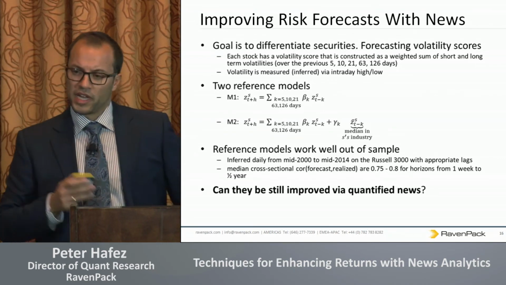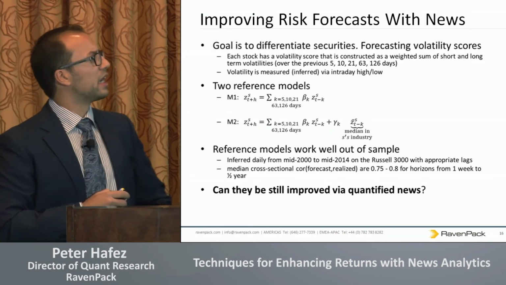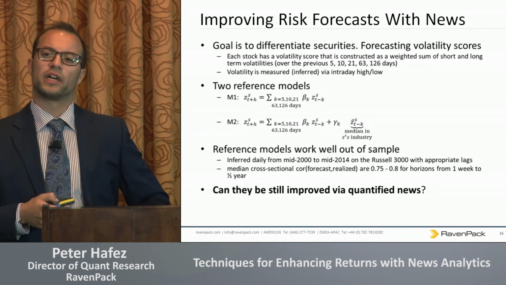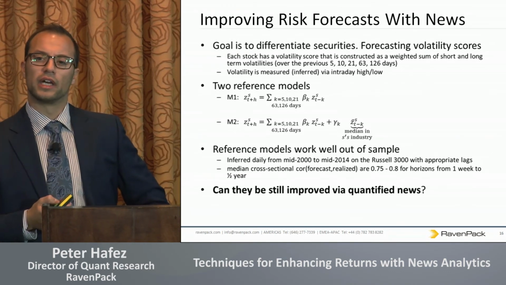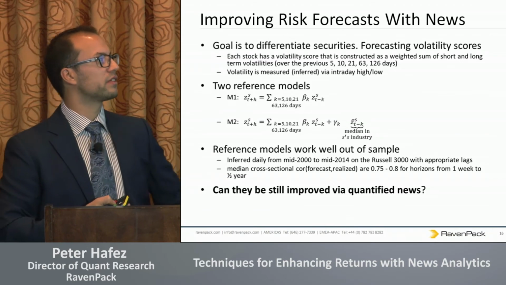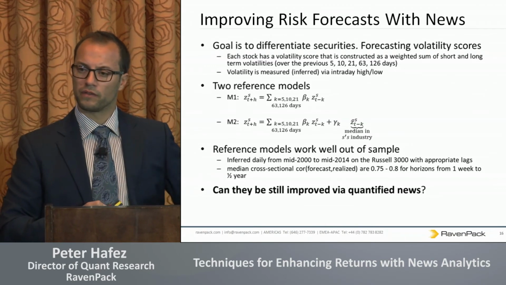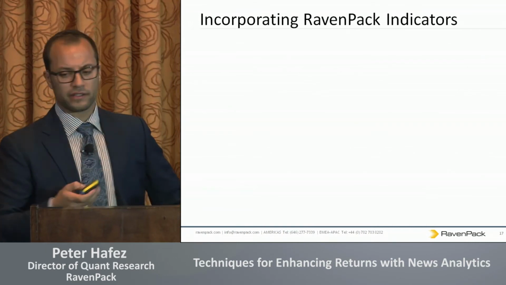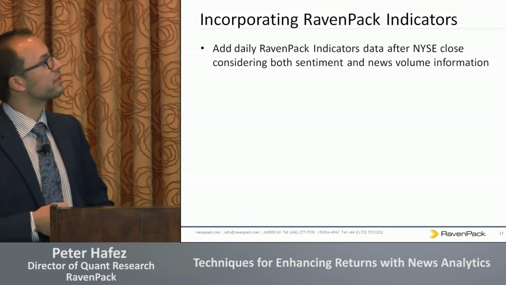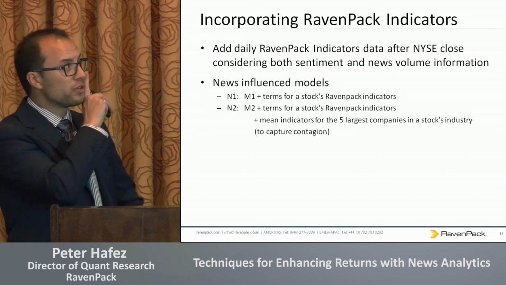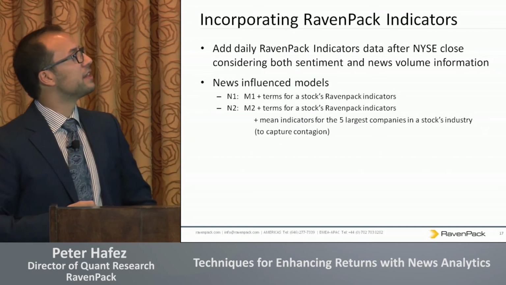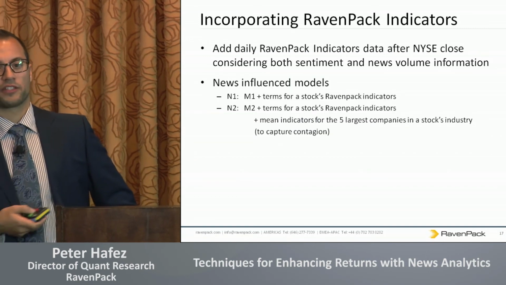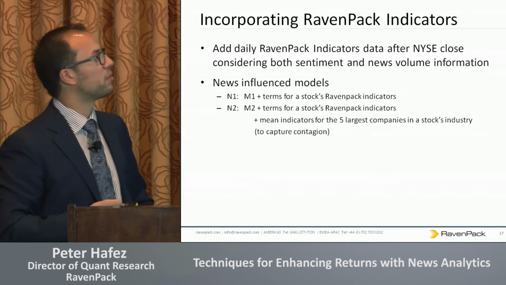So taking those two benchmark models, he asks: can we apply sentiment and media attention and improve on these forecasts? He takes a snapshot of these indicators after market close and just adds them as extra terms in that cross-sectional regression model.